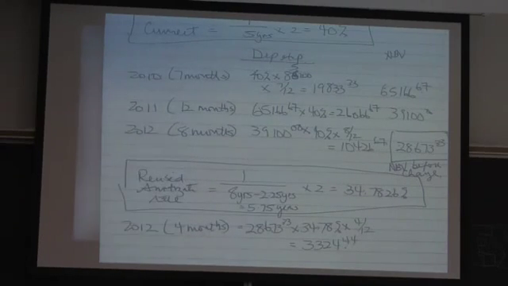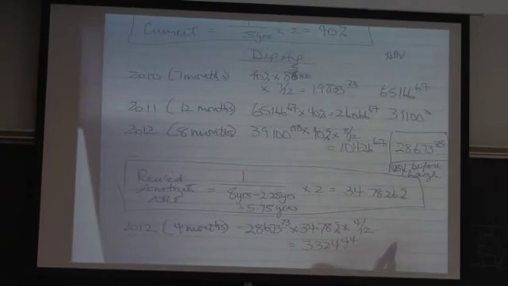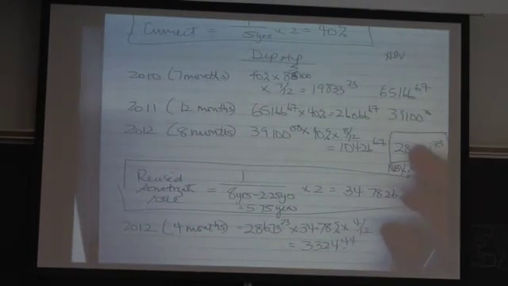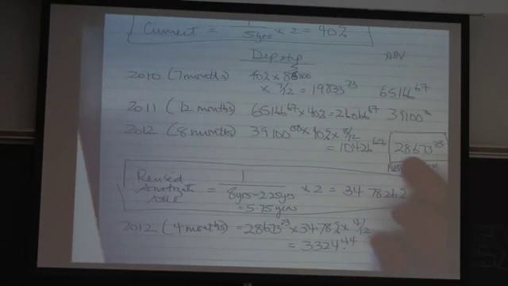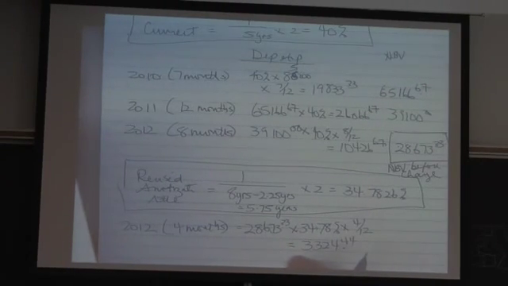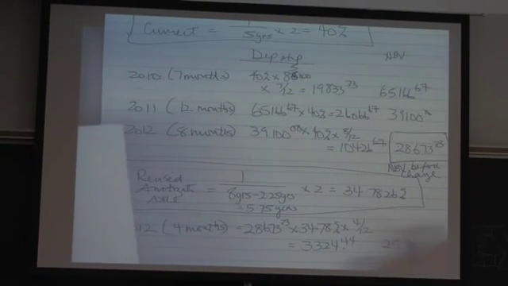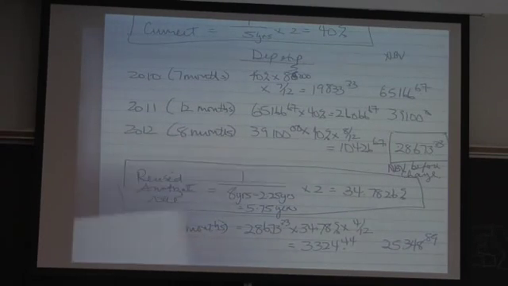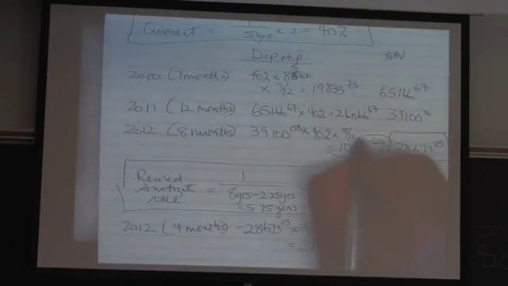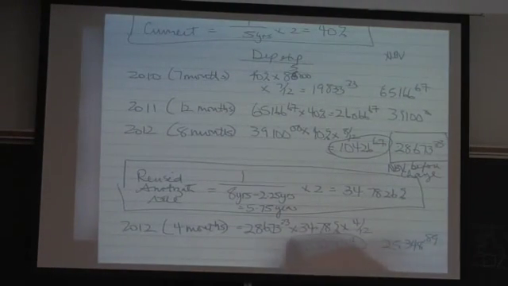Now, I've obviously rounded, so your answer may be a little different, but this is the rounded number. And the net book value is going to be the difference between 28,673 minus 3,324 to give us 25,348.89. So the total amortization for 2012 is this number and this number.